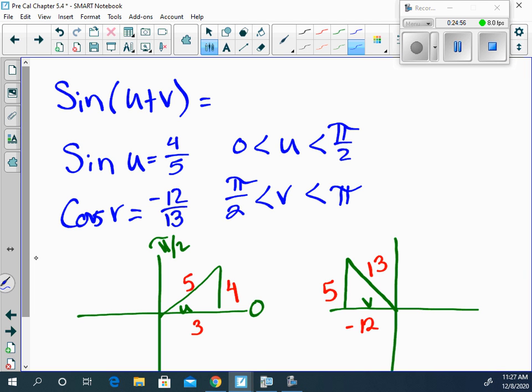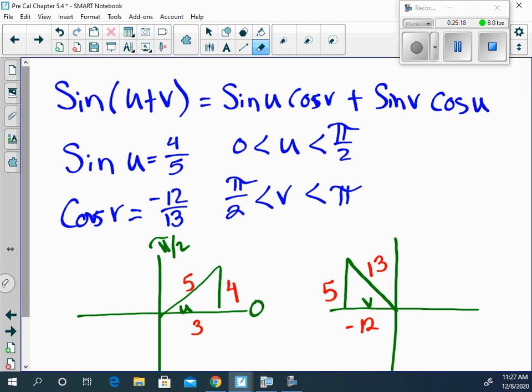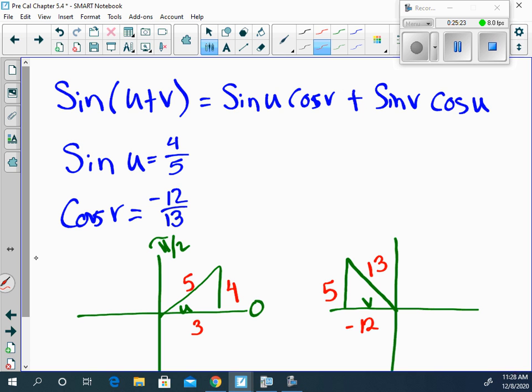Okay. Now, sine of u plus v is going to be sine of u cosine of v plus sine of v cosine of u. That's just by definition, the formula, yes? Well, okay, I'm going to have to erase some of this here. Now, we were given those two from the get-go, yes?